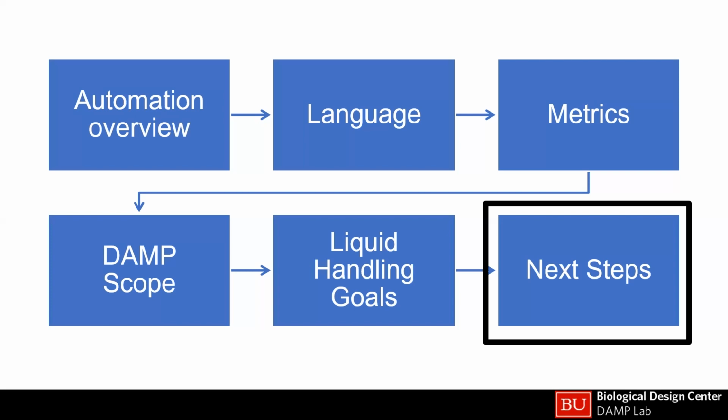So I see the DAMP lab as sitting in a unique space, being at a university, being interested in lab automation, to think about what curriculum development and training development might be necessary or drive forward the industry and the research that happens in this space.